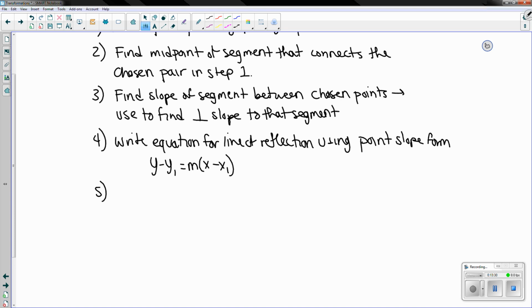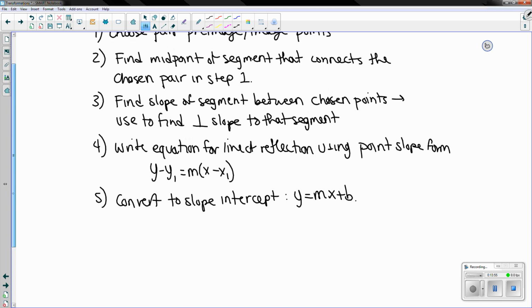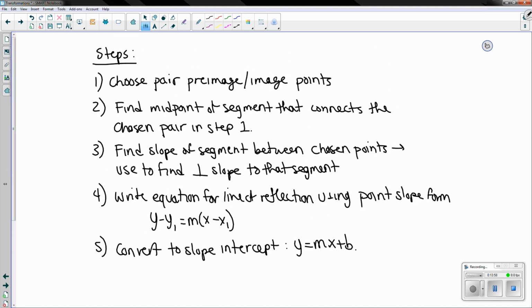And once we have that point slope form, we're just going to convert over to slope intercept form, which is just a matter of a distribution of that slope and moving that y coordinate to the other side of the equation so that you get a line in the format mx plus b. And those are the steps. And after you've completed those successfully, you should have the equation for the line of reflection. And that concludes this video.